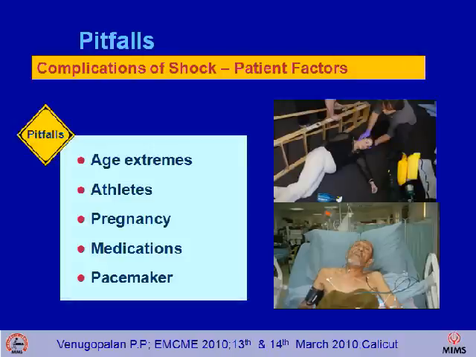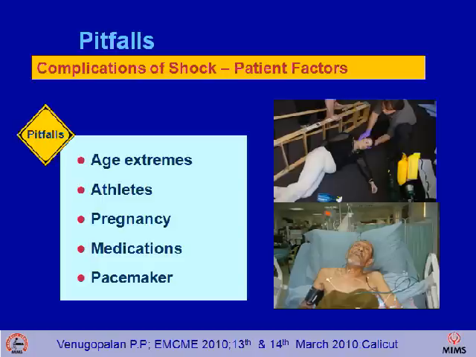What are the pitfalls in the management of trauma shock? These include patient factors like extremes of age, athletes, pregnancy, medications, and pacemakers. This group is considered a special group because they will not present with the normal tachycardic and other responses to blood loss.